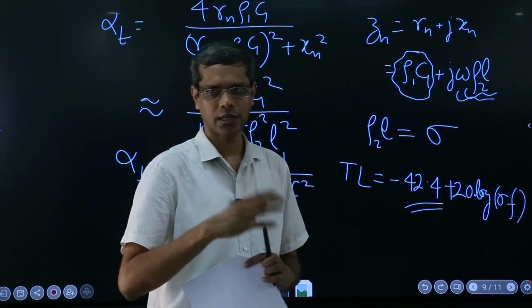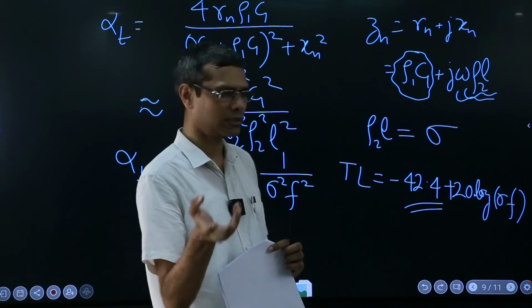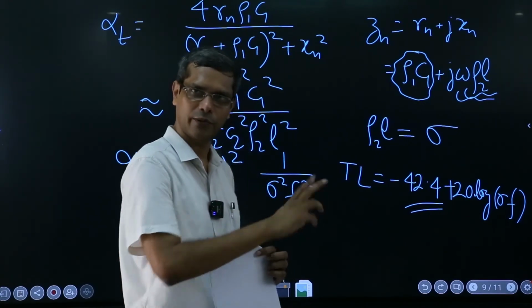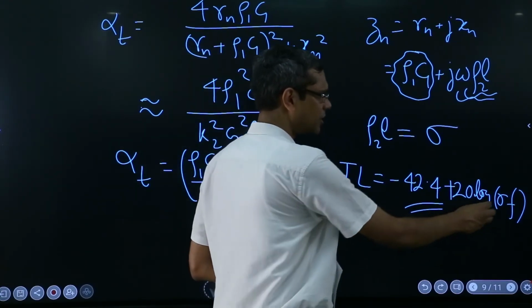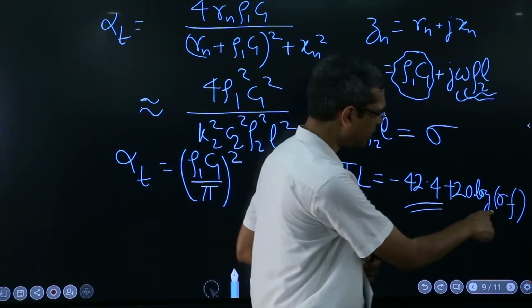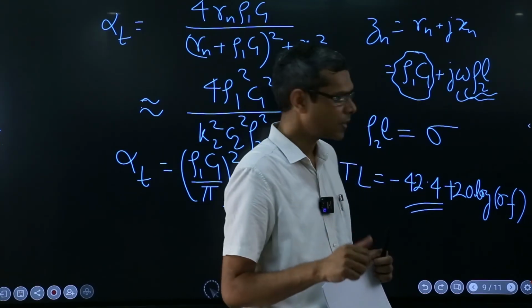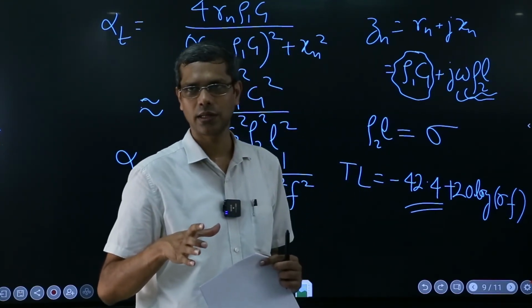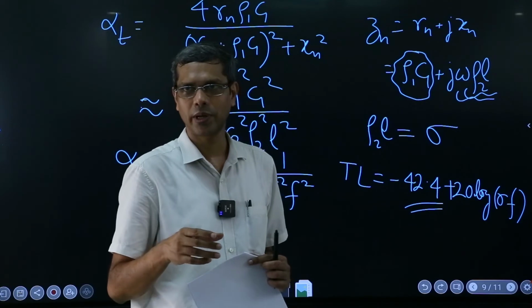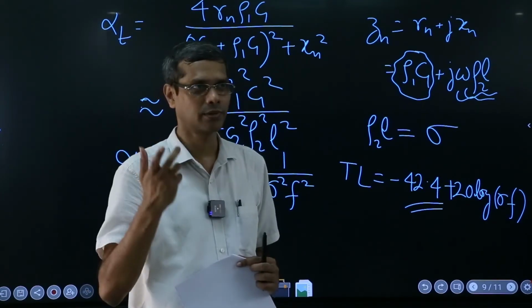That 6 dB you always keep in mind, because log of 2 is 0.3, and 20 times that is 6. So that means if you increase the thickness, and thickness is coming here, right, inside this sigma, the thickness is sitting. So if you increase the thickness of the layer by 2 times, you will get a 6 dB increase, which is perceivable.